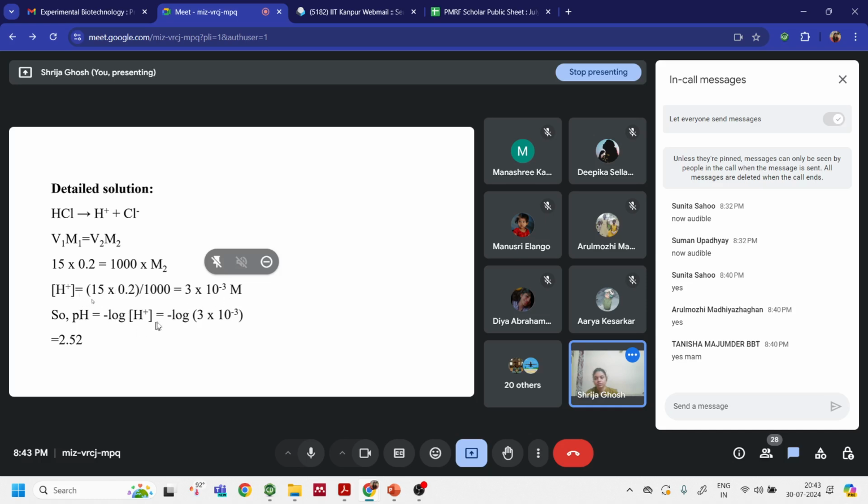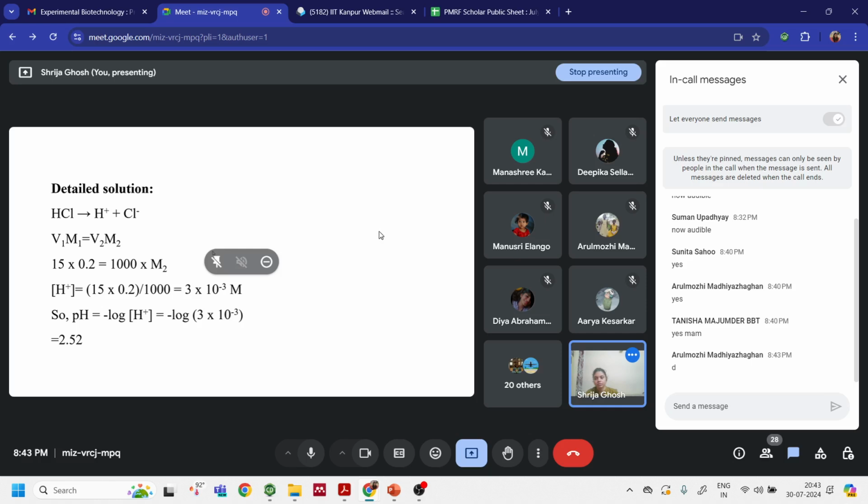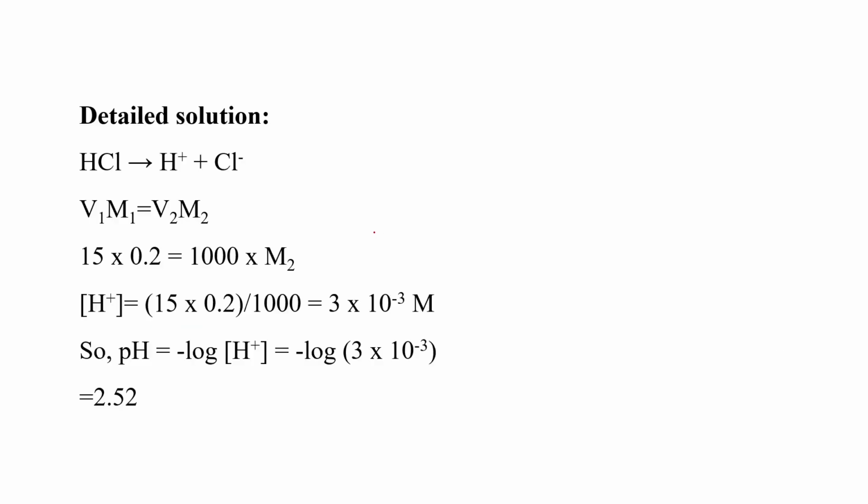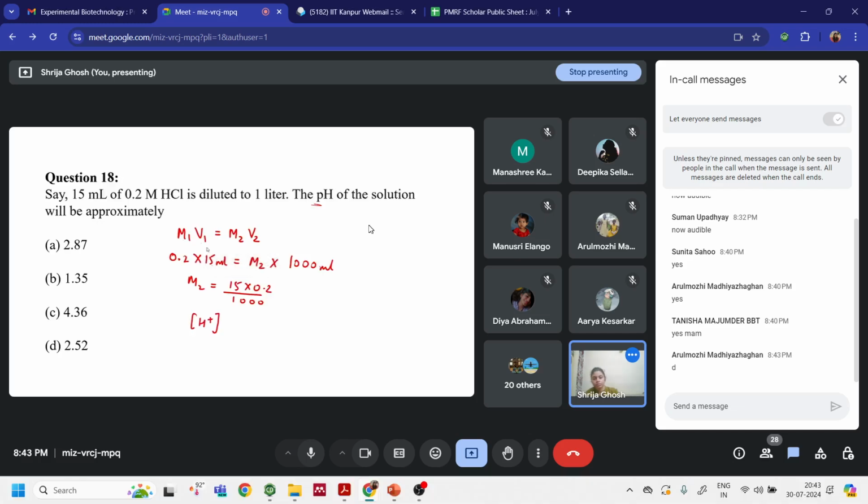If we take the negative log, we will get the pH as 2.52. So option D is the correct answer. Very good. I hope this is clear to everyone.